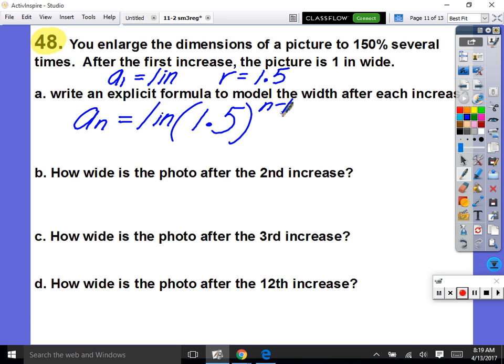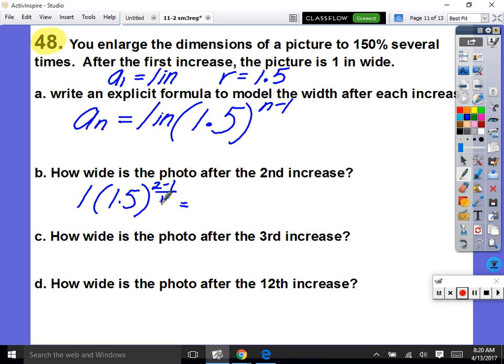Okay, now it says, how wide is the photo after the second increase? To me, it's easier to just type in 2. So that would be 1 times 1.5 raised to the 2 minus 1. So 1 times 1.5, right? Because 2 minus 1 is 1.